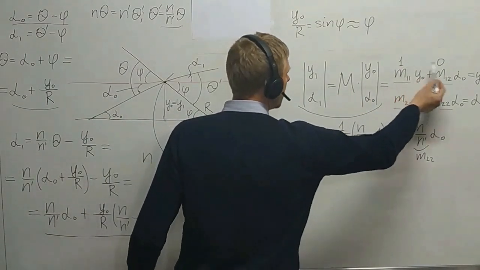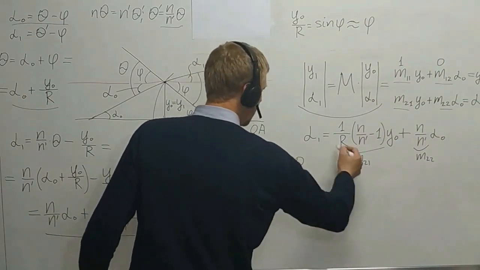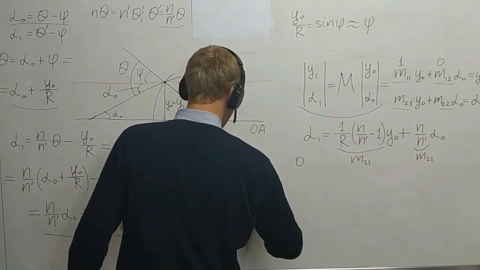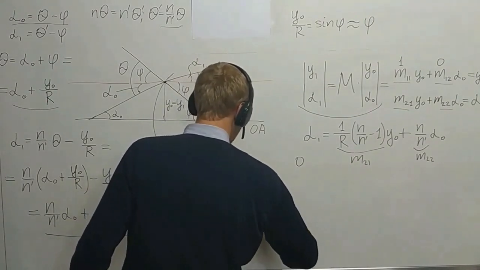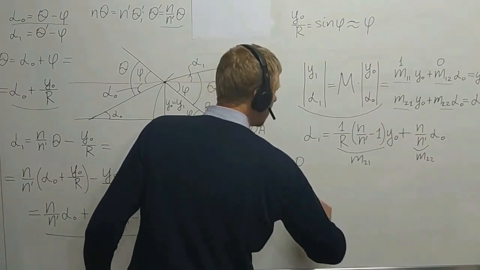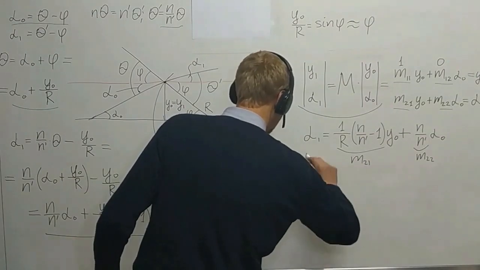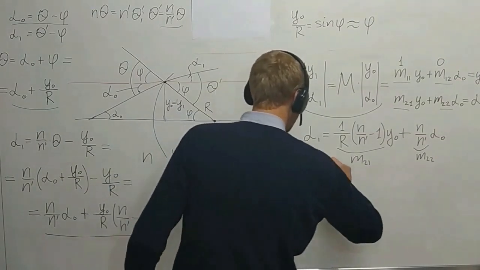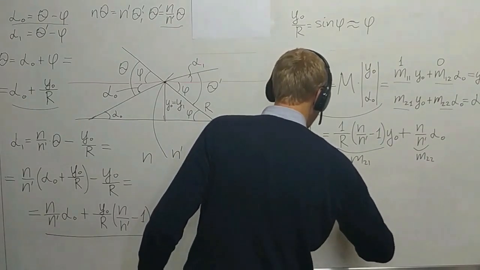These two are 1 and 0, and this coefficient is 1 over r, n over n prime minus 1, and the last is n over n prime, times y0 alpha 0.